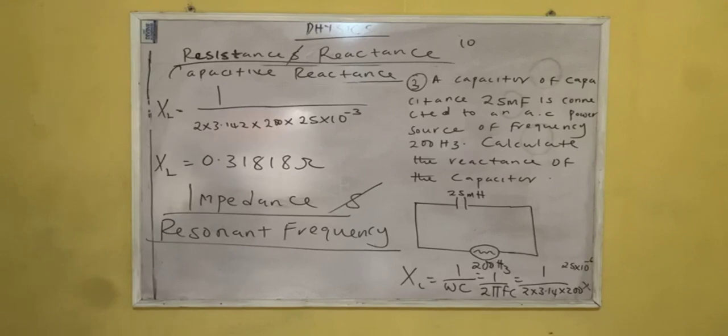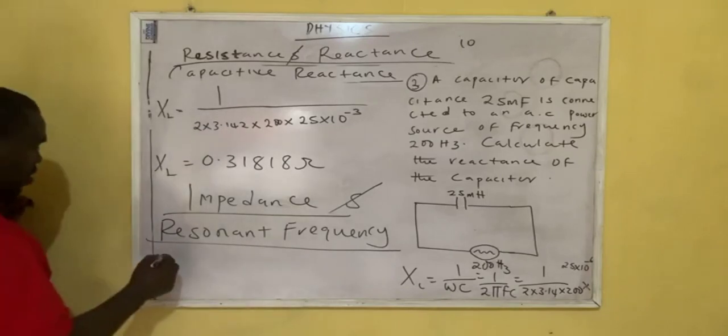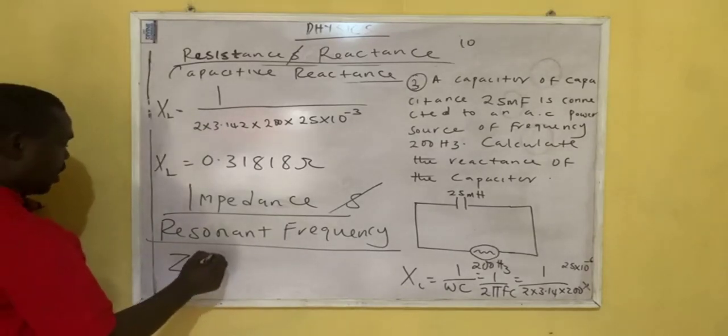Bringing all of this together, that's how you have your impedance. And you must note that impedance is actually opposition to the flow of AC in circuits. So you have something like this.